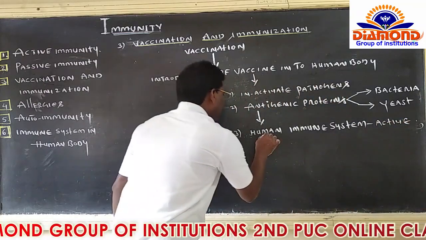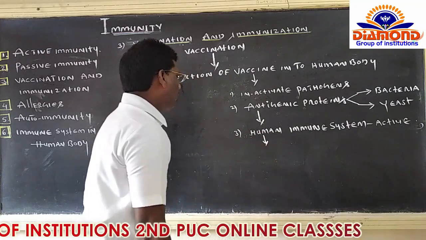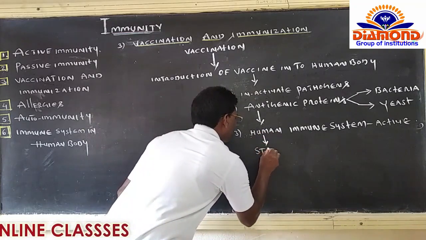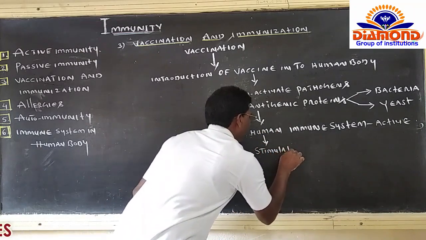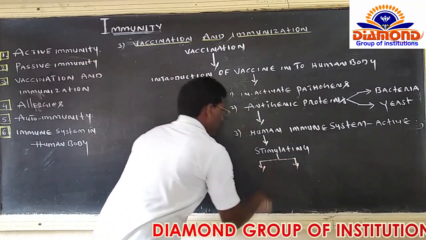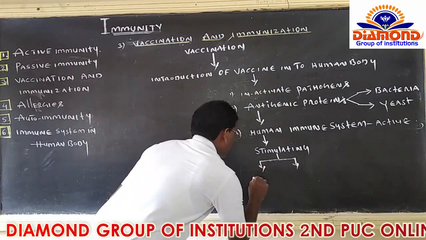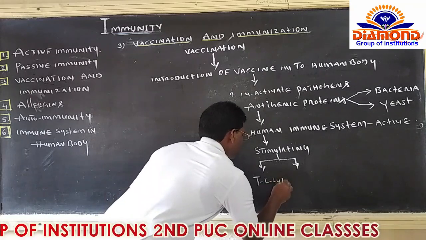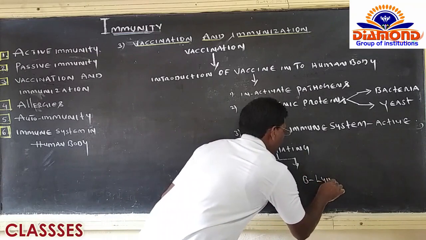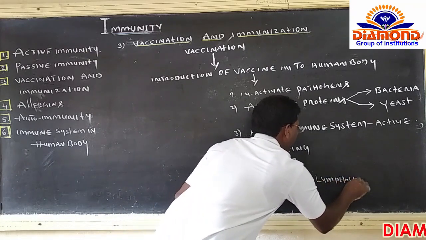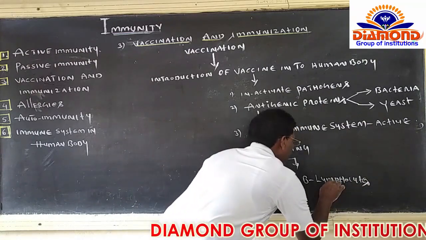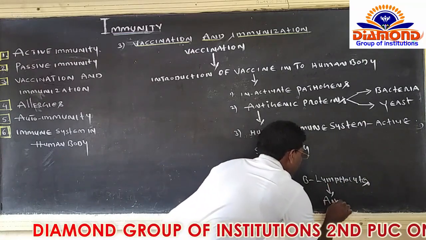Right after that, our body is stimulating two important cells. Number one is T lymphocytes. Number two is B lymphocytes. When B lymphocytes are stimulated, immediately there will be the production of antibody molecules.